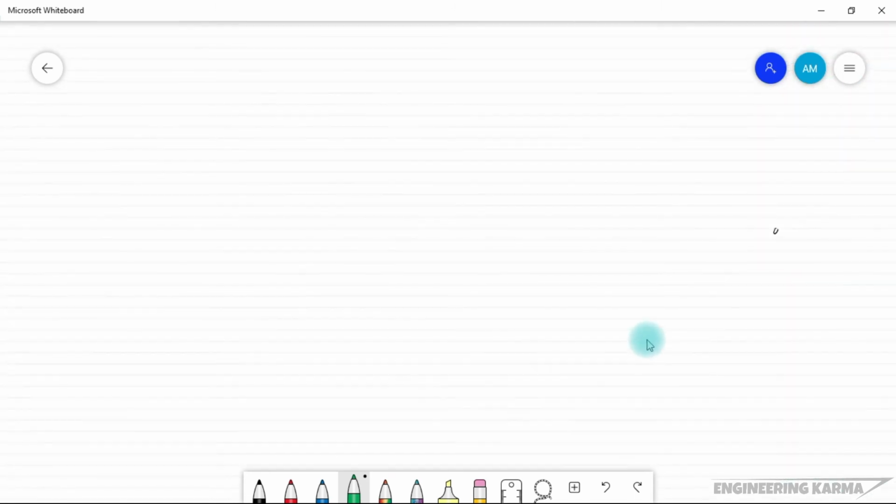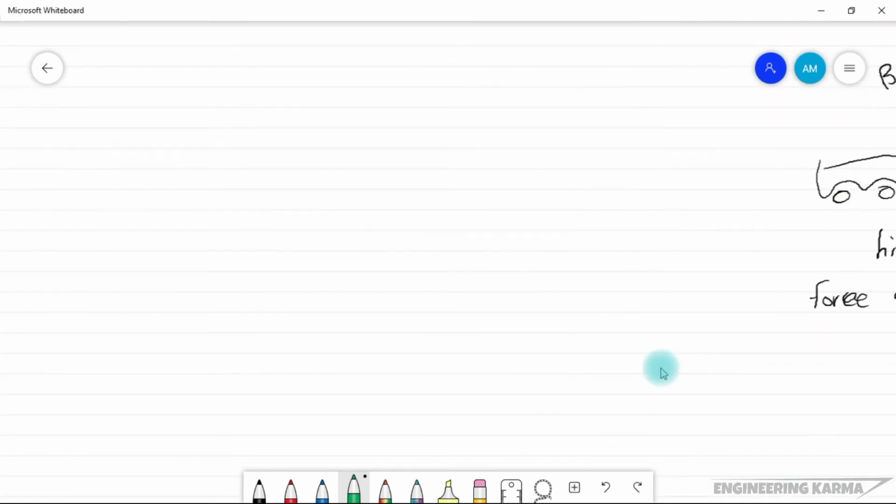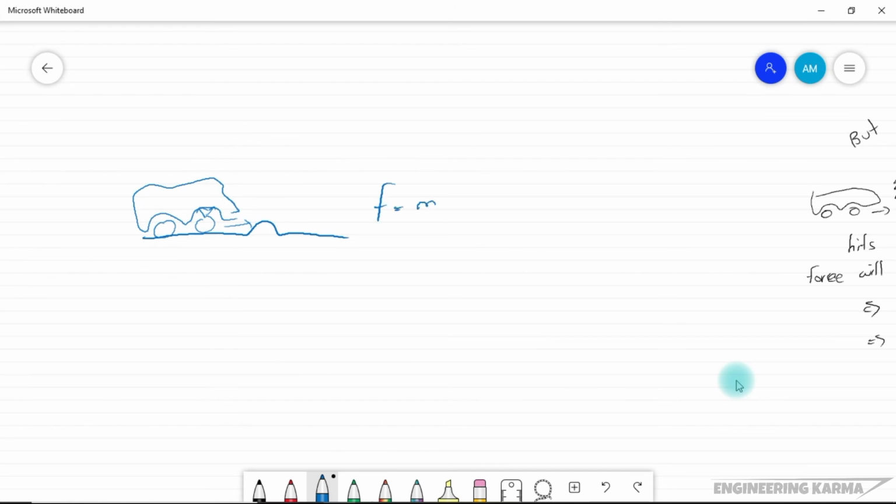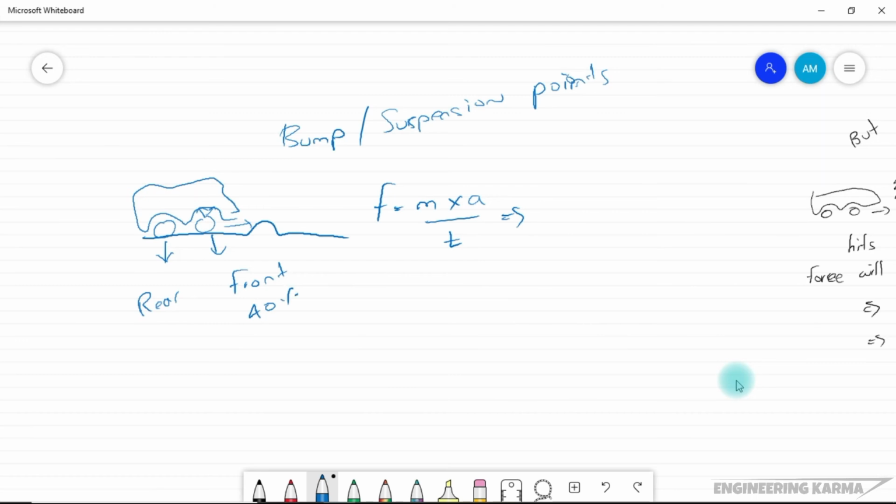Let me tell you how I found the force acting on suspension mounts when bumps occur. If you have any other method, comment it down. Use the same impulse formula here. I made the design of this vehicle to have 40% of the weight on the front and 60% of the weight on the rear.